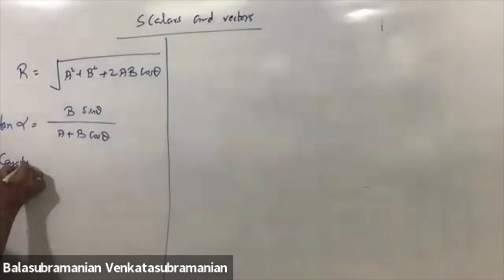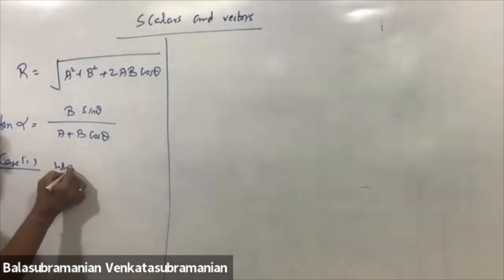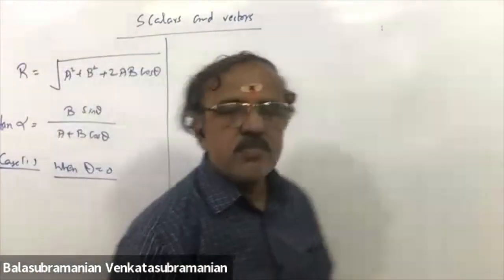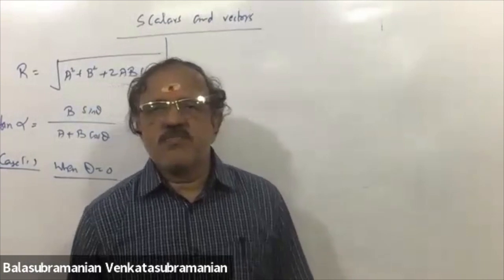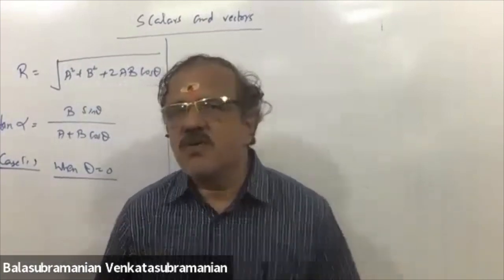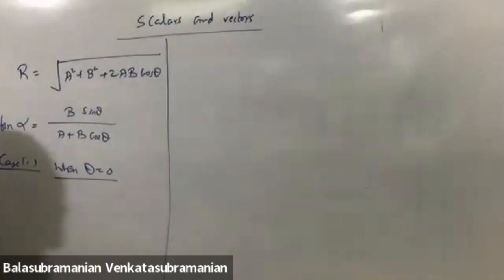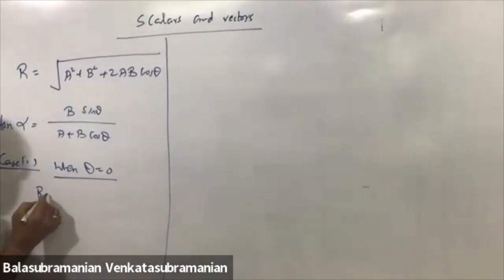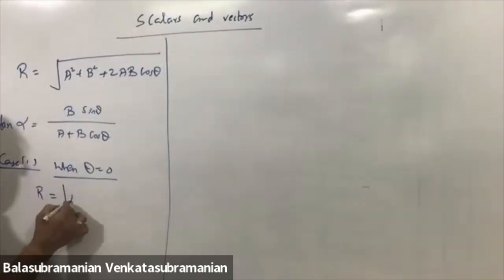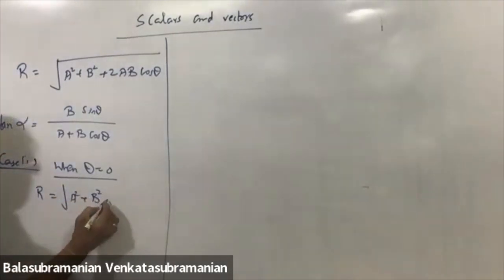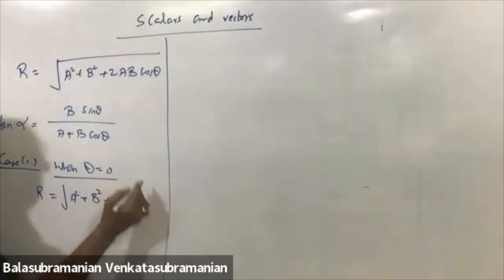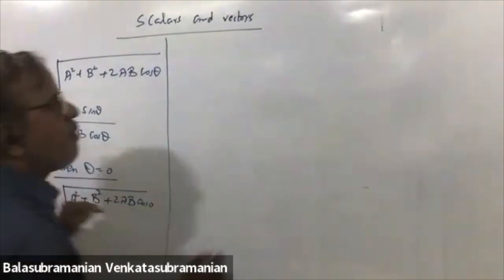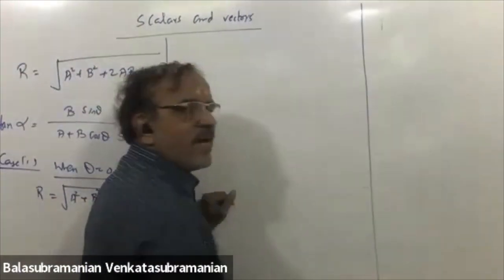Case 1, when theta is equal to 0. The angle between the two vectors is 0. So what will you get? R is equal to root of A square plus B square plus 2AB cos 0. You can write the values.